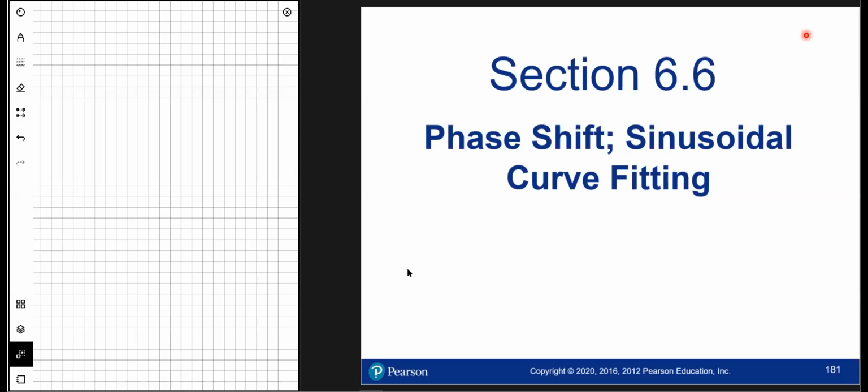All right, did we do the phase shift? And curve fitting, I'm not too concerned about. So did we do this? I'd have to see some of the problems to remember because it's been a bit.